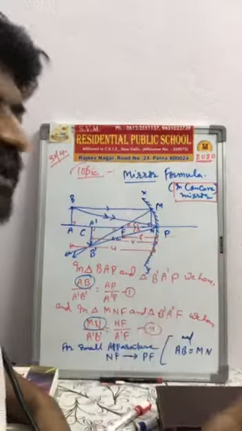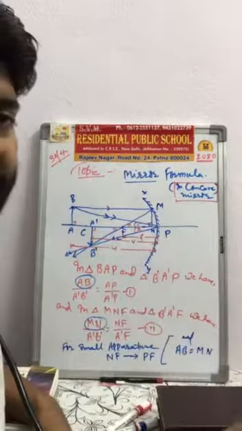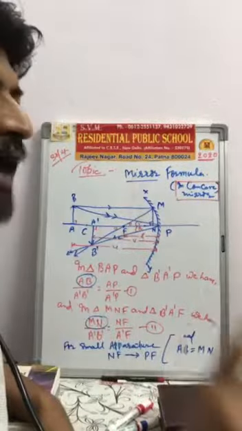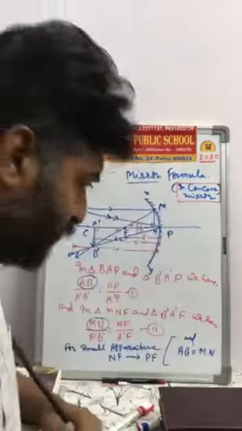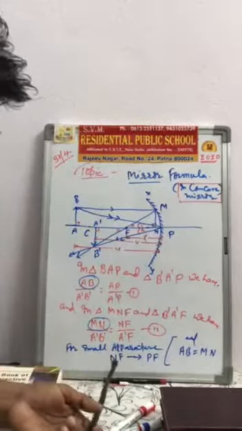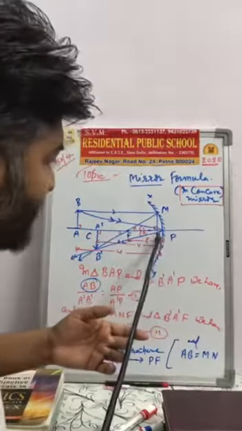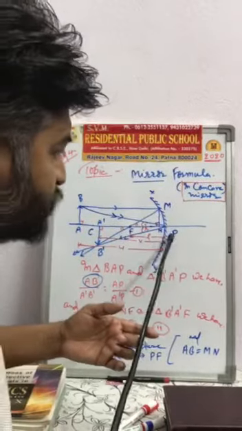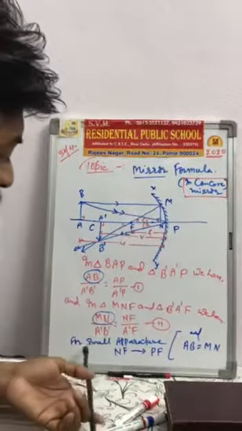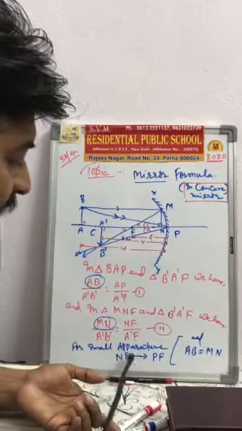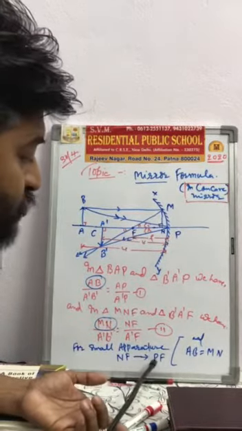For experimental purposes we should take a mirror having a very small aperture. So for a small aperture, N is very near to P, and NF tends to PF.